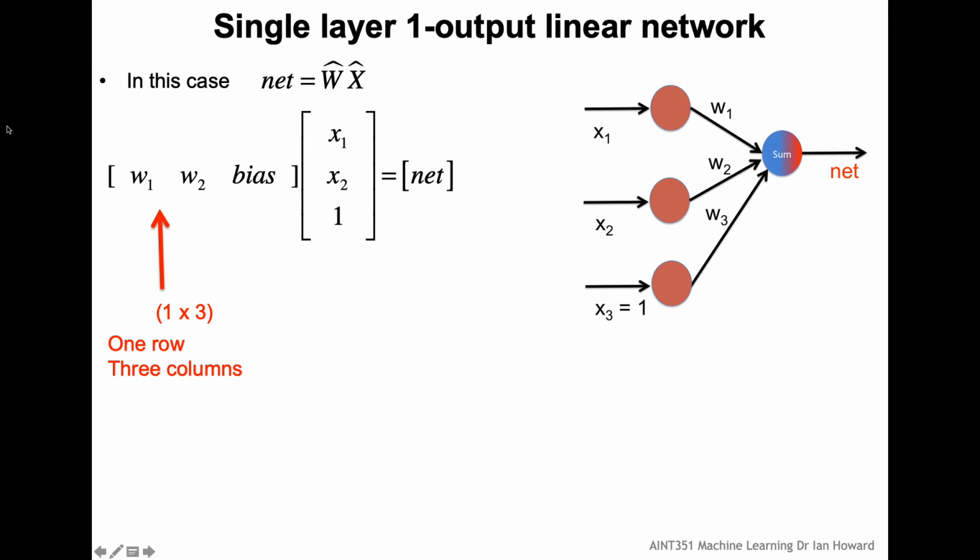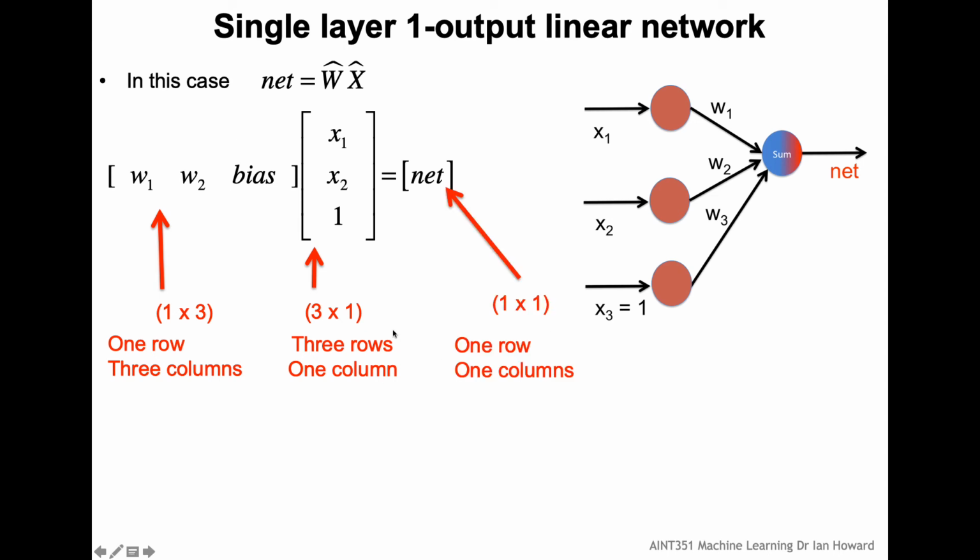We see here this is a 1 by 3 matrix. We see this is a 3 by 1 matrix, right? So 3 rows by 1 column, always rows by columns. And this is obviously going to be a 1 by 1. And again, you can always do the check that the internal dimensions, which basically butt up against each other when you're doing matrix multiplication, have got to be the same, otherwise you can't do the multiplication.